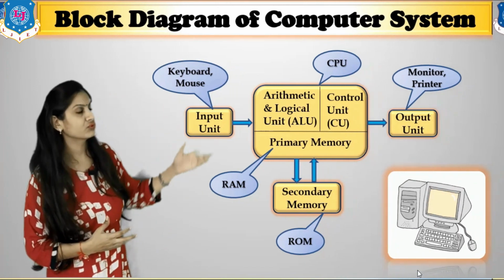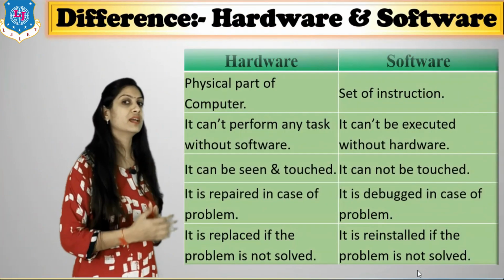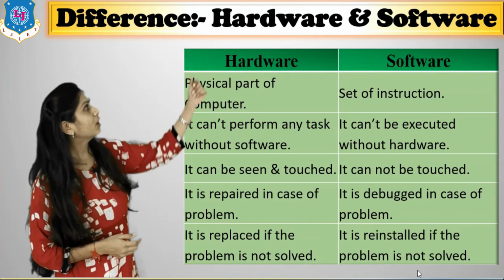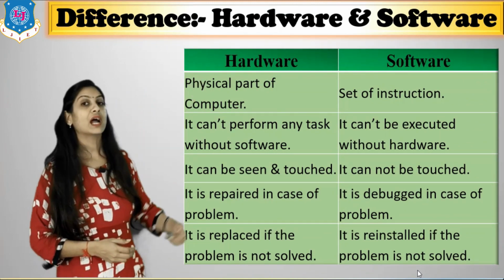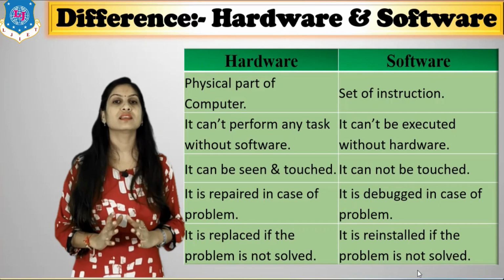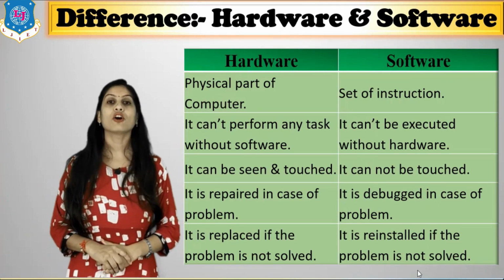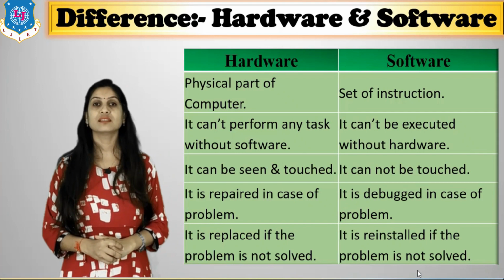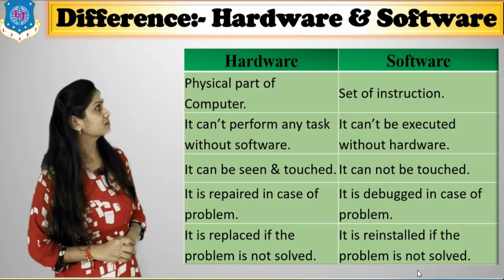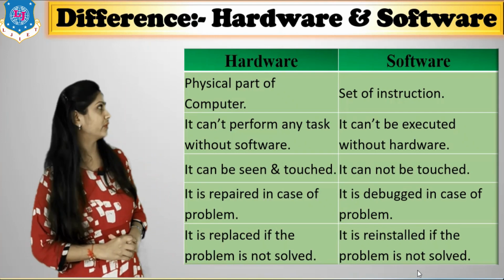So let's move to the difference between hardware and software. According to it, hardware is nothing but the physical part of the computer, but software means a set of instructions, or we can say the program, that is known as software.